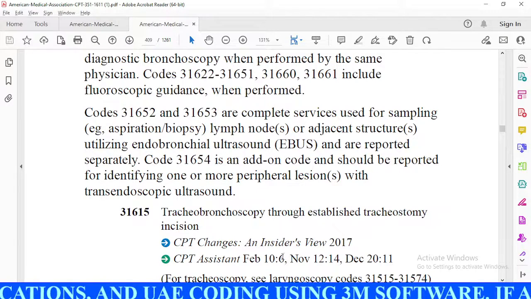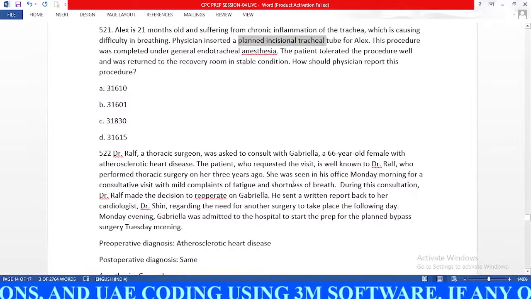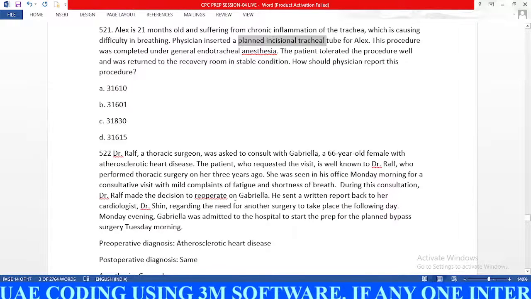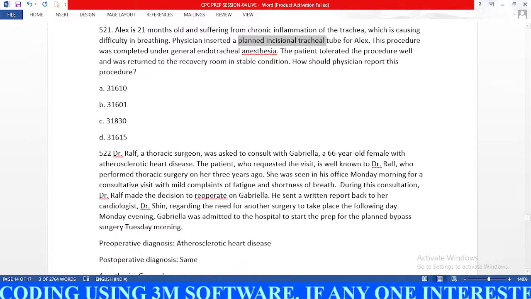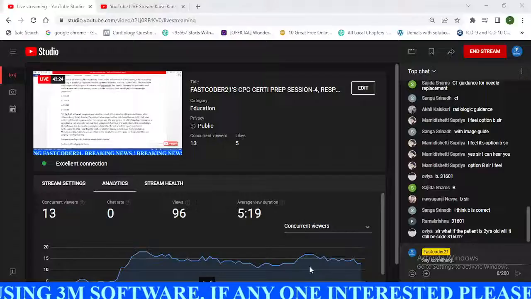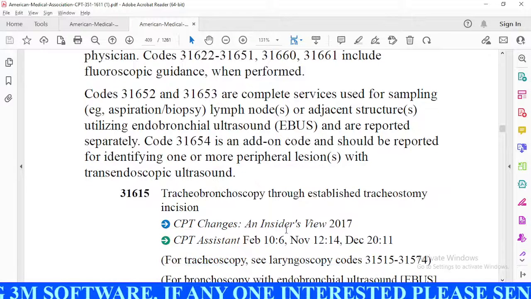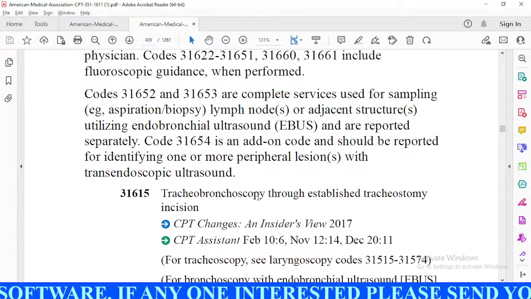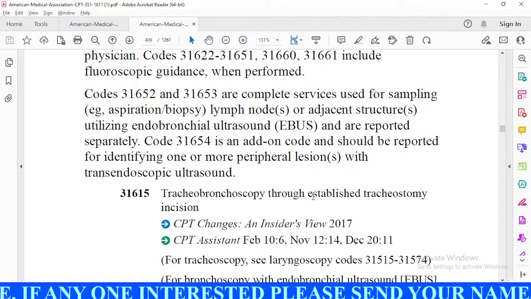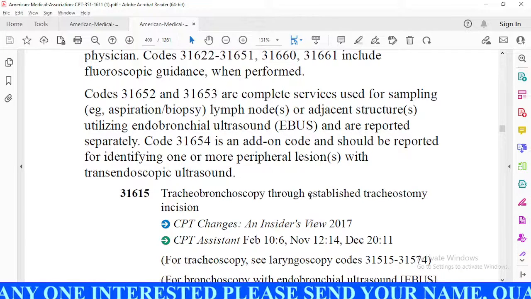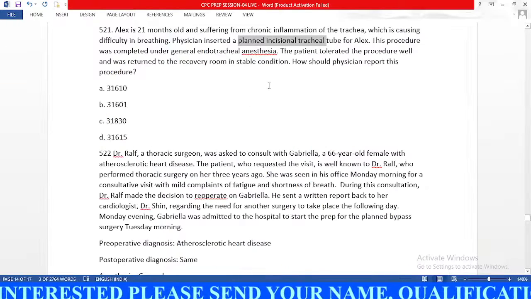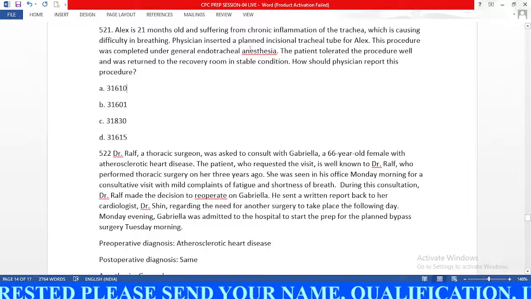Usually in these procedures, using the established ostomy, the physician will perform the insertion of the tubes. Established means the physician has already performed the tracheostomy. But based on our question, this is an initial planned tracheostomy.